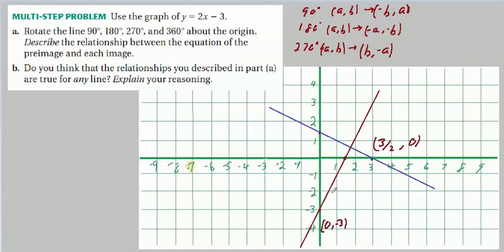I mean, we can use the rules, of course, just like I've written up here, or we can visually recognize that a 90-degree rotation of one axis just puts us right onto the other axis, the one right next to it. Well, our next 90-degree rotation is going to have to be perpendicular to this blue line here, just like the blue line is perpendicular to our original line. That's what it means to rotate 90 degrees.